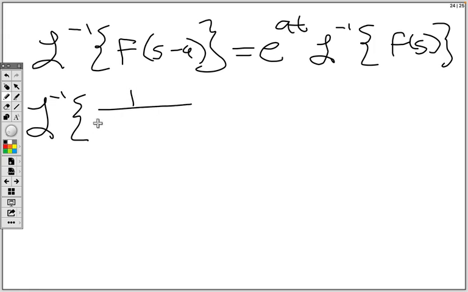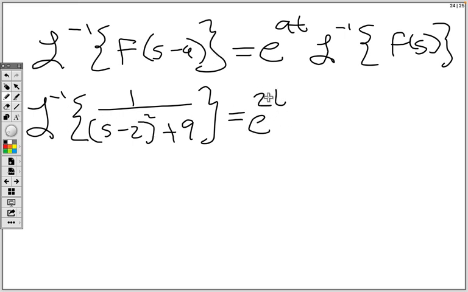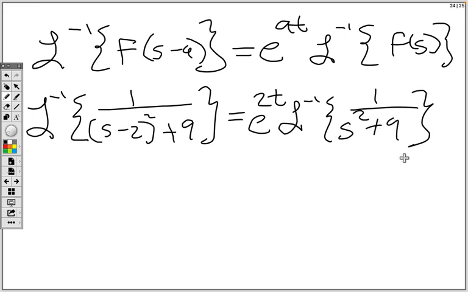So this is probably the best way to handle this. So that s minus 2, I can just factor that out of the inverse Laplace. It'd be an e to the 2t, and then the inverse Laplace is I just would have the s there. So I take care of the shift on the s that way.